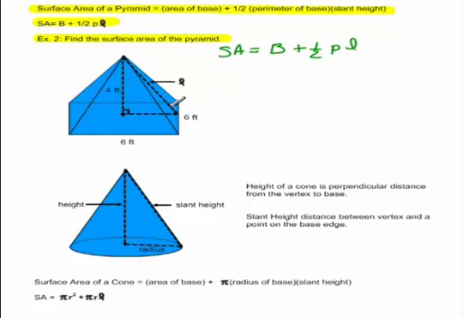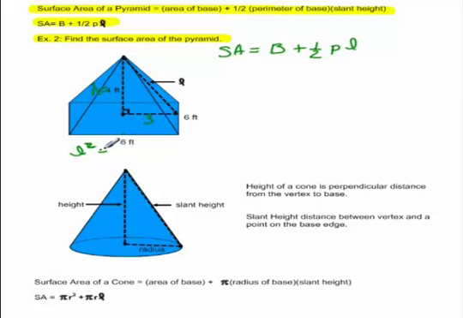Alright, so if we look at this problem, we have our height, and we can actually find the distance of this line, which is half of our base, which is 3, but we don't have our slant height. So let's do that first. Let's find our slant height so we can find all of our pieces.